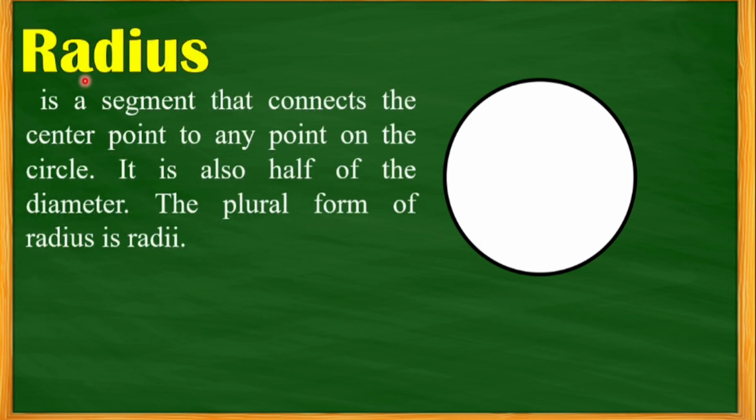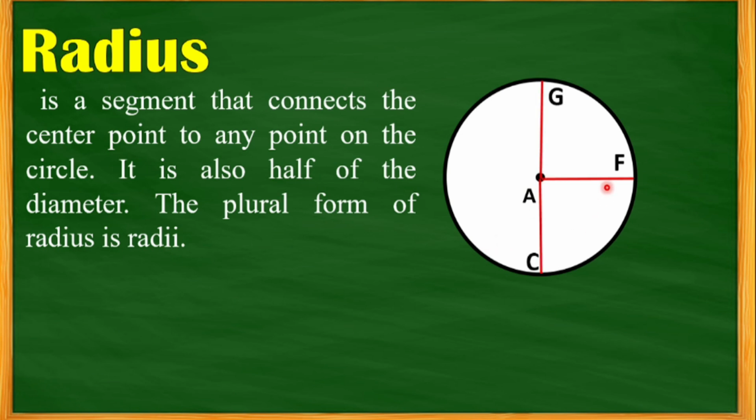Okay, so let's proceed now to radius. A radius is a segment that connects the center to any point on the circle. Again, it's a line segment that connects the center point to any point on the circle, like this one, also this one, this one.